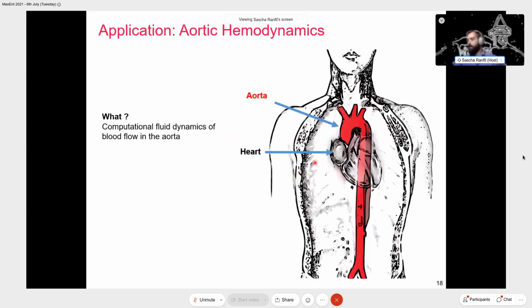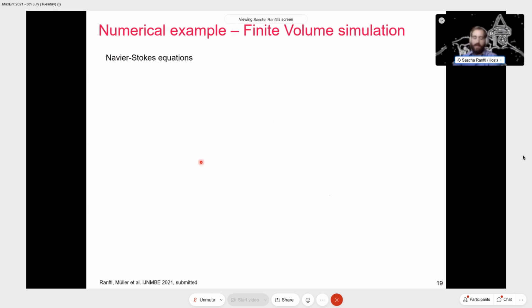Everyone knows what the human heart is, and most of you will know what the human aorta is. We are now looking at the computational fluid dynamics of the blood flow in this aorta. To simulate this, we solve the Navier-Stokes equations, which look like this for this problem.